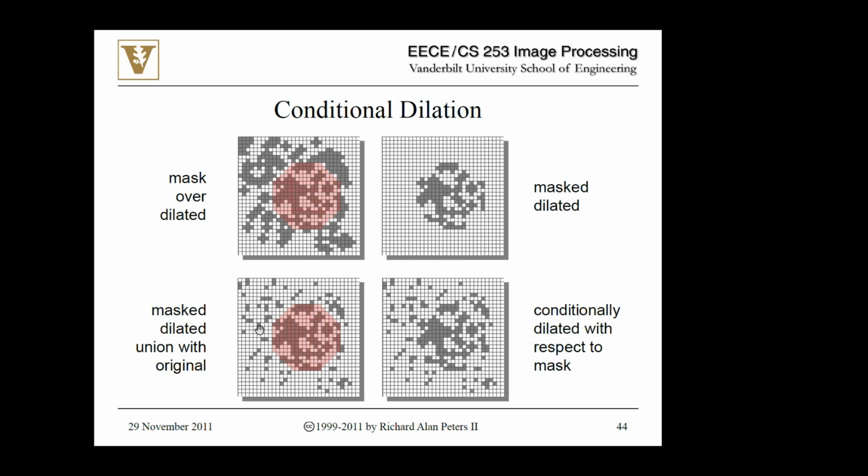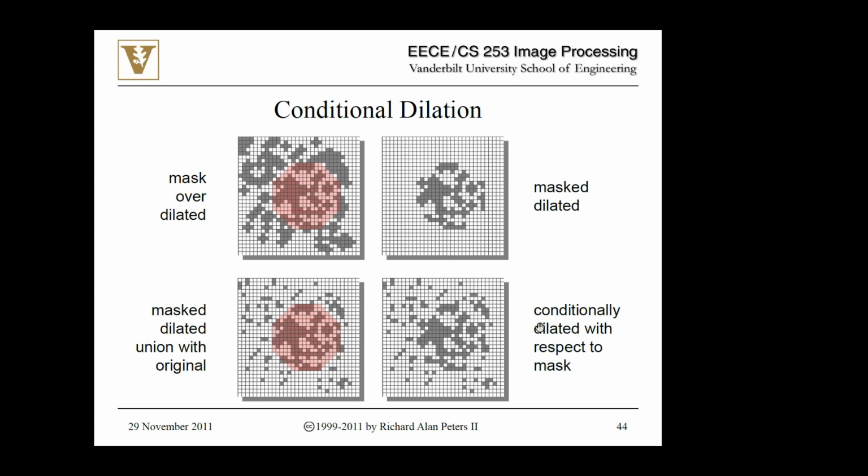So what you do is you mask now. You do the standard dilation, and now you apply the mask on the region that you're in. This is the mask. And now you compute the union of the masked dilation with the original.